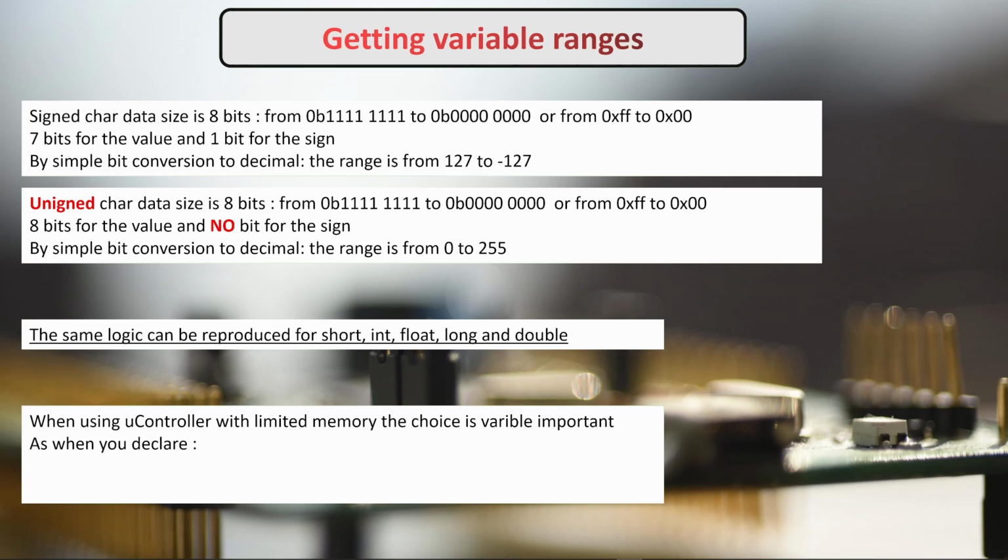If you declare an array of 1000 chars, it will cost you 8K bits of memory. But if you use an array of 1000 ints, you are using 32K bits of memory. That's a huge impact. And imagine you declare it as a double. It's a huge amount of memory that will be consumed and can generate some issues for your microcontroller.